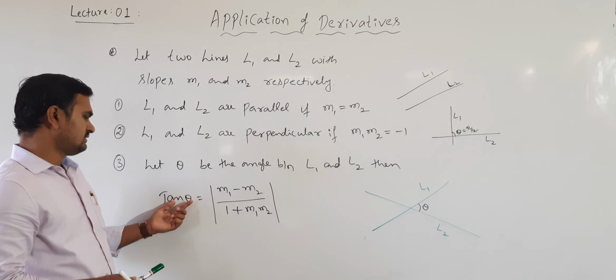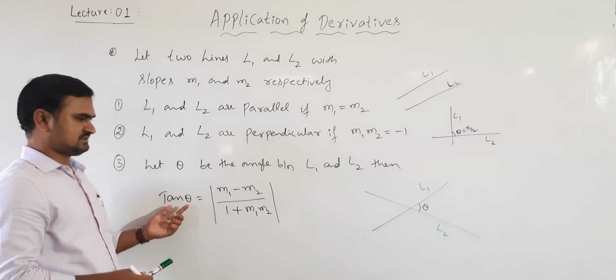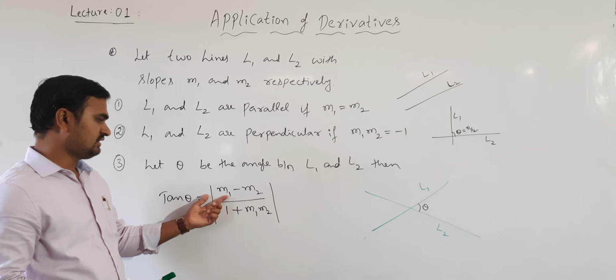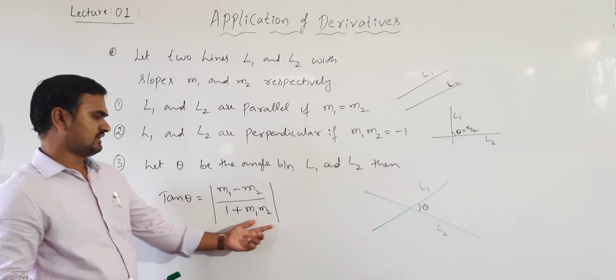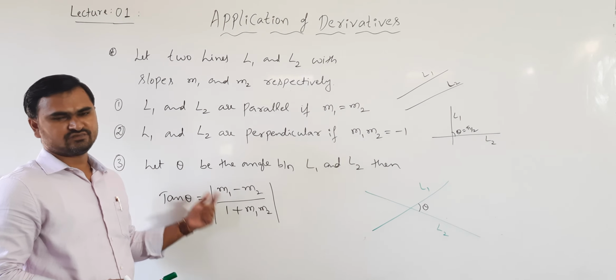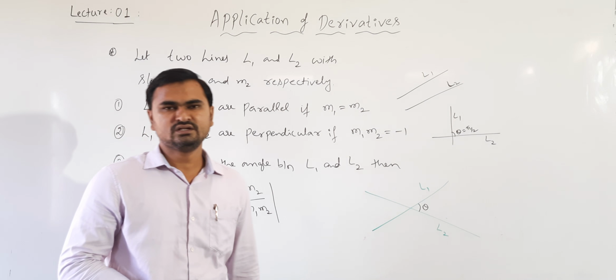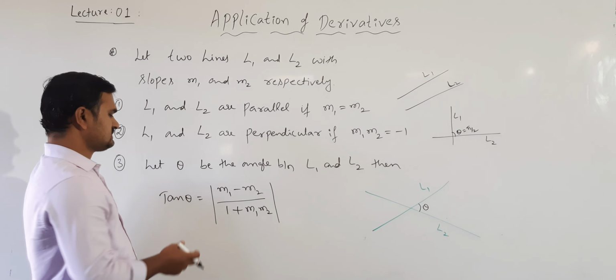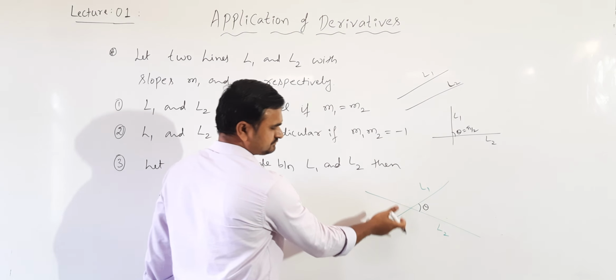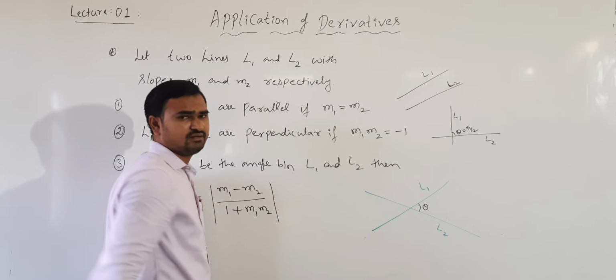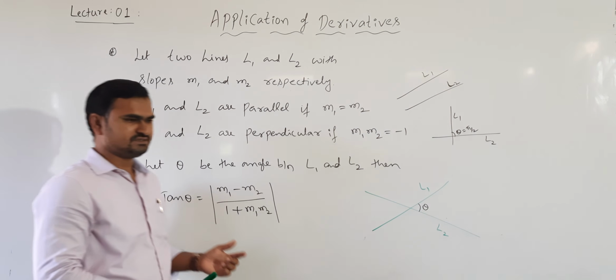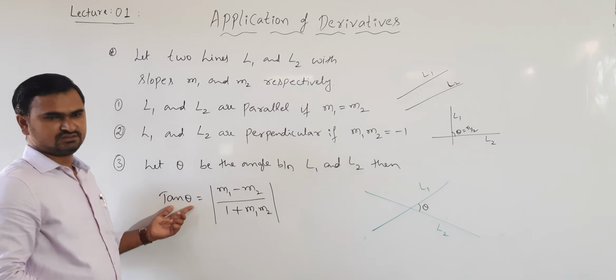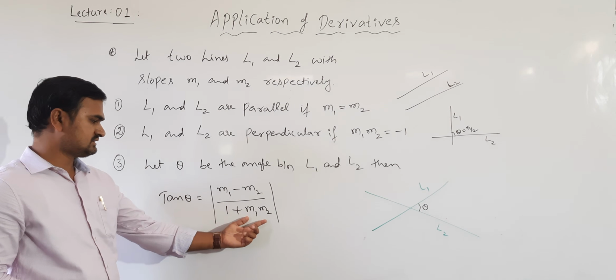So the acute angle between the two lines is given by tan theta equals modulus of (m1 minus m2) divided by (1 plus m1 m2). This is the formula for finding the angle between two lines. If the lines are parallel, theta will be 0. So theta 0 means tan theta is 0.